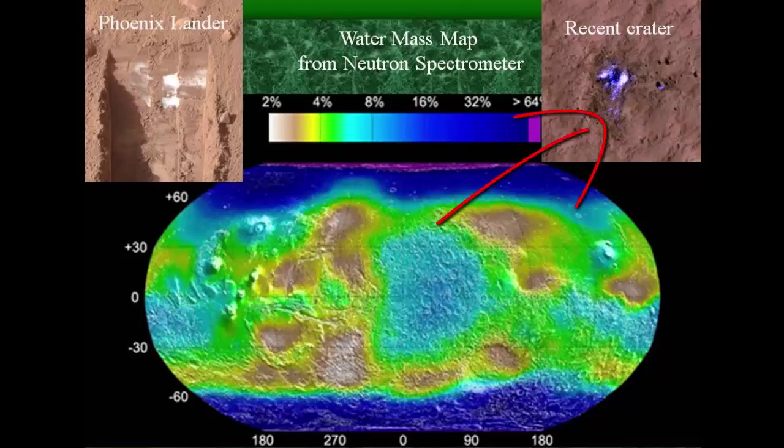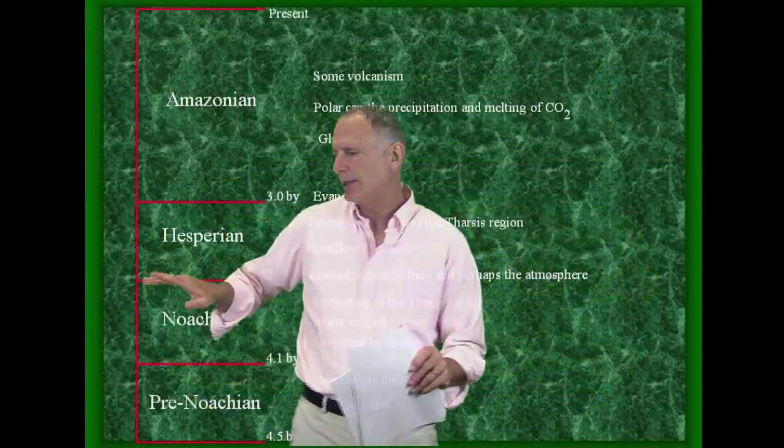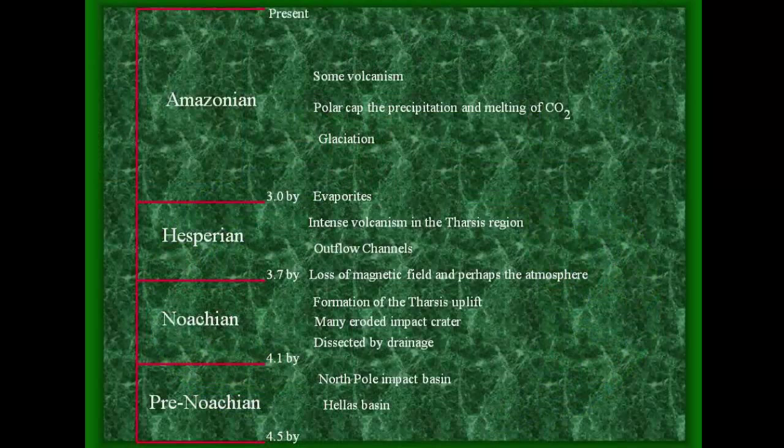And if you look in the upper right-hand picture, this is a meteorite impact, a very recent one, that's exposed what looks like ice at the bottom of the crater. So these are two more examples of where we have water in the Martian soil. Things going on in the Amazonian, a little bit of volcanism. We have the polar ice caps, we'll talk about those, and then I want to talk about glaciation next.